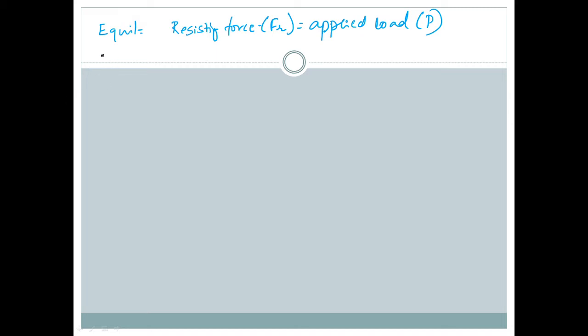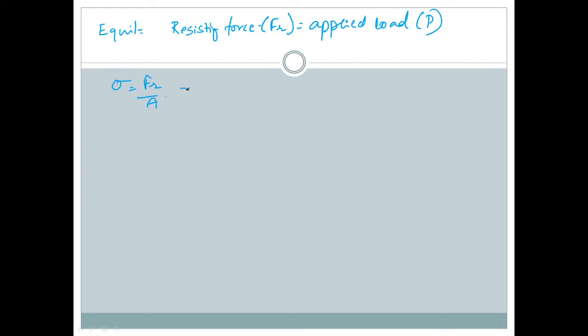Or the resistance offered by a body against deformation per unit area is termed stress. So based on the basic definition of stress, sigma equals Fr by A, where Fr is the resisting force.